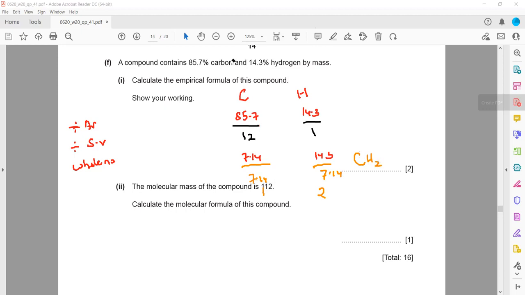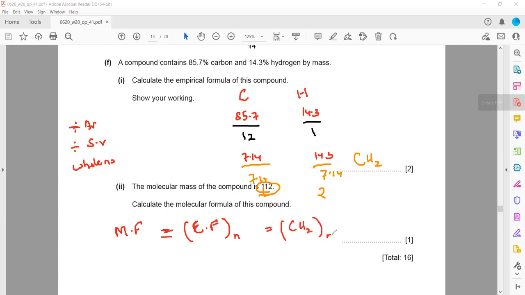The second part, the molecular formula. The molecular mass of the compound is given as 112, and we need the molecular formula. The molecular formula equals the empirical formula multiplied by n. The empirical formula we already calculated in the previous part, which was CH2.